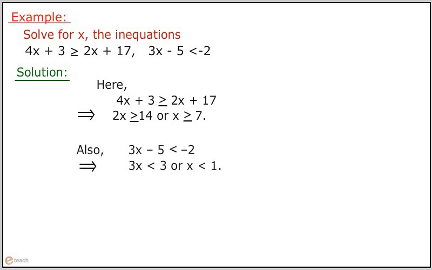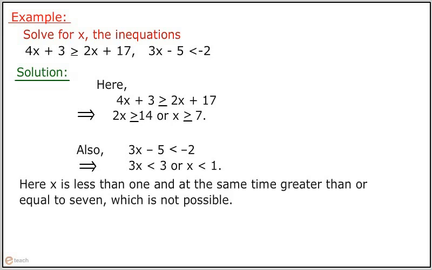Also, 3x minus 5 is less than or equal to minus 2, which implies 3x is less than or equal to 3 or x is less than or equal to 1. Here, x is less than or equal to 1 and at the same time greater than or equal to 7, which is not possible. Hence, the given system has no solution.